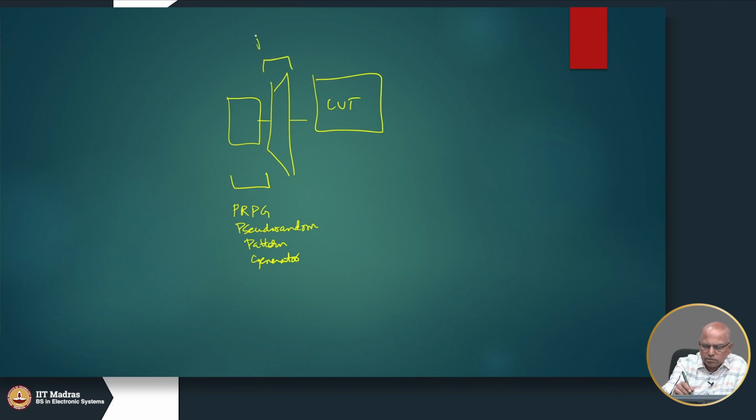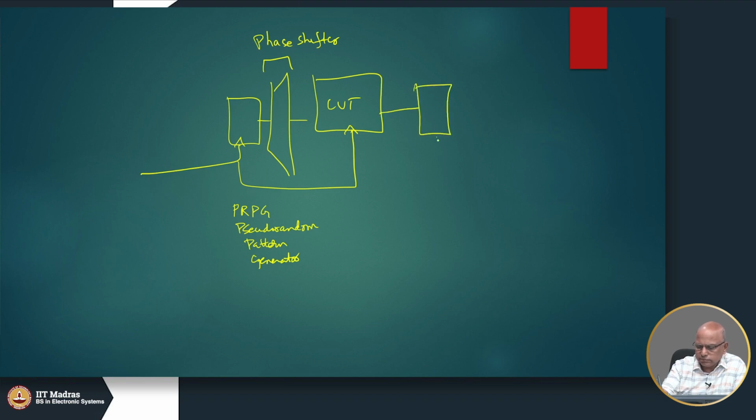This is the phase shifter. There is a clock, and the same clock also comes to your CUT. If it is a sequential circuit, it will also need a clock, and then we will need a signature register. The signature register is also an LFSR.